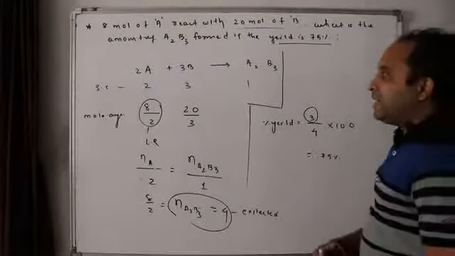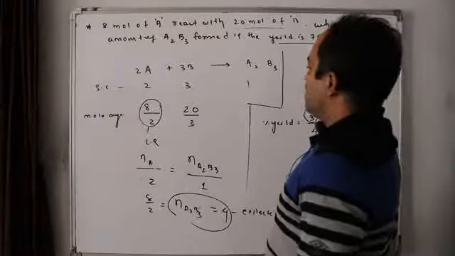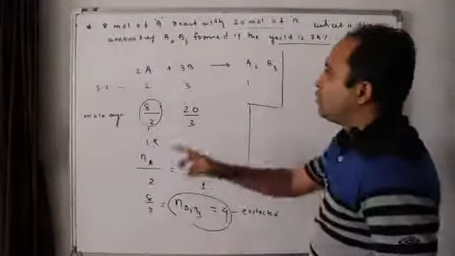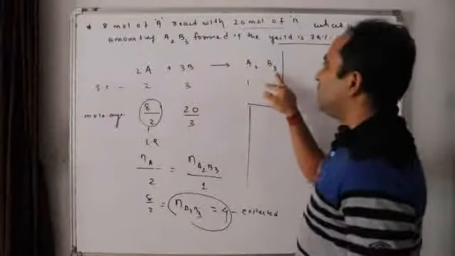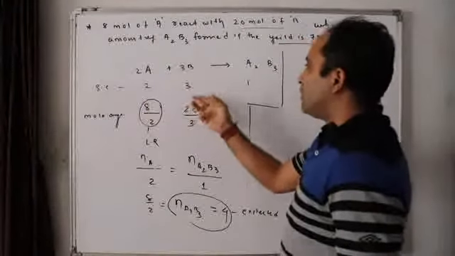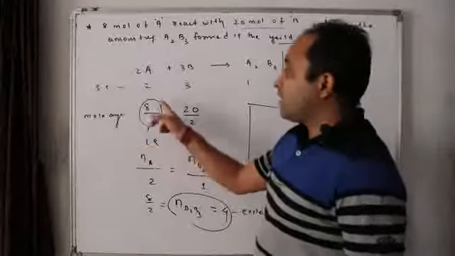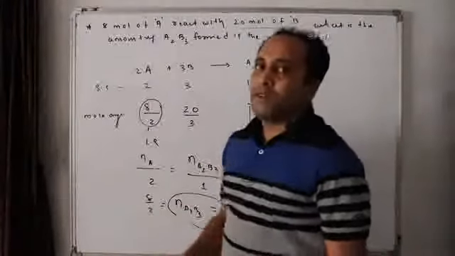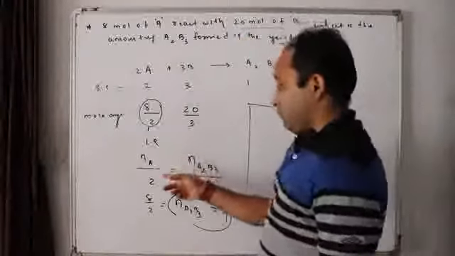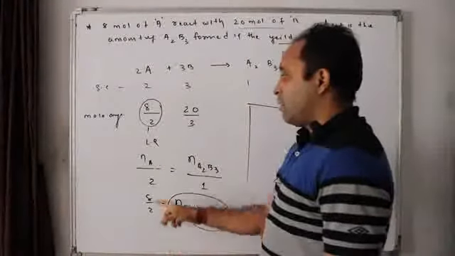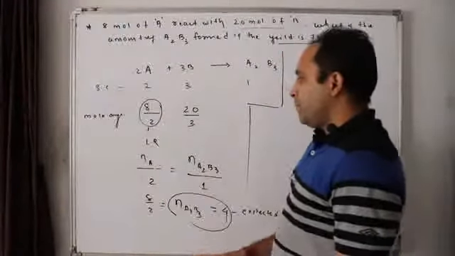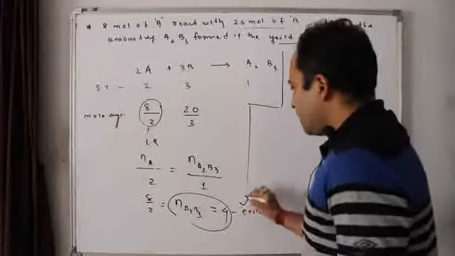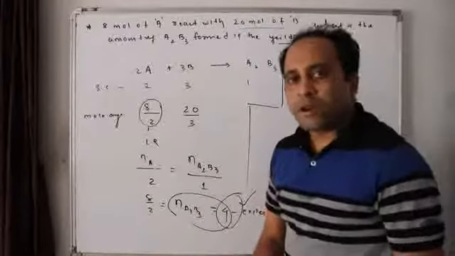उल्टा दिया गया, if the yield is 75%. Same proceedings beta, same proceeding. Clear? 2A plus 3B gives A2B3. Stoichiometric coefficient 2, 3, 1. Mole analysis: 8 by 2, 20 by 3. This is the lesser value. Lesser value is the limiting reagent, and we'll take into calculation the limiting reagent only. 8 by 2 is equal to moles of A2B3, so this 4 is the expected product formed.